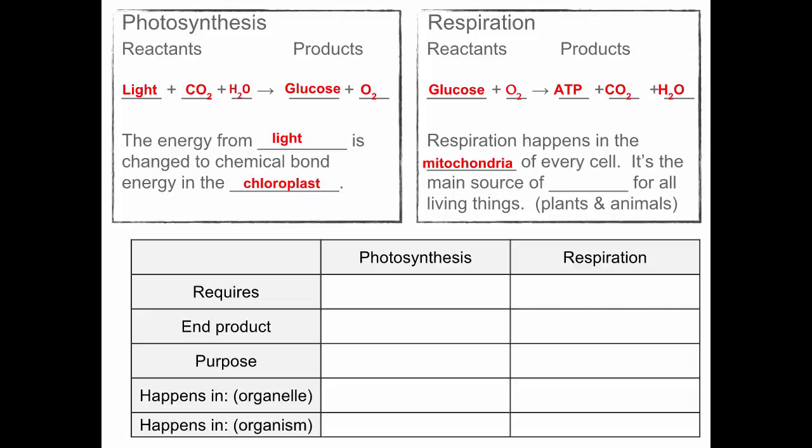Mitochondria take in glucose and oxygen, and they produce ATP, energy for the cell to run on. And respiration is the main source of energy for all living things. There are other ways of getting energy out of materials like fermentation, but for our purposes, we're going to say it happens through respiration.